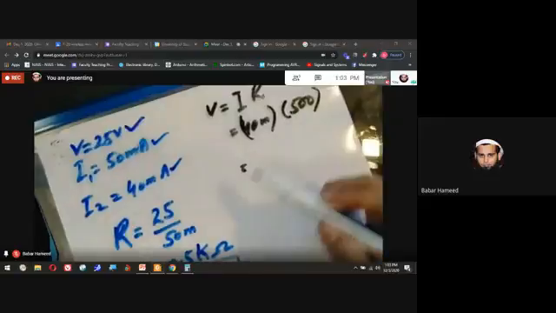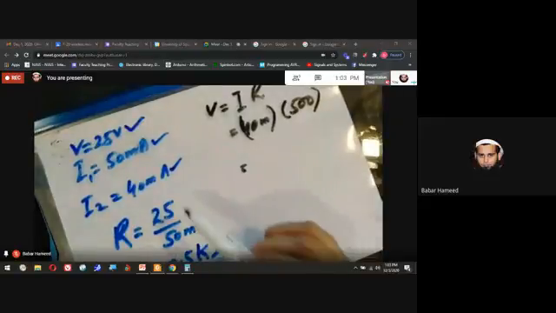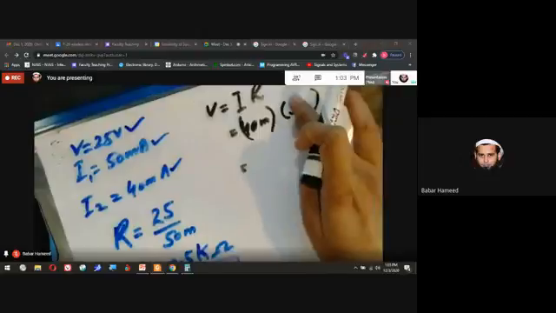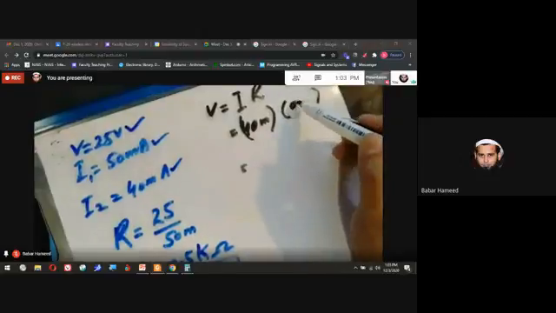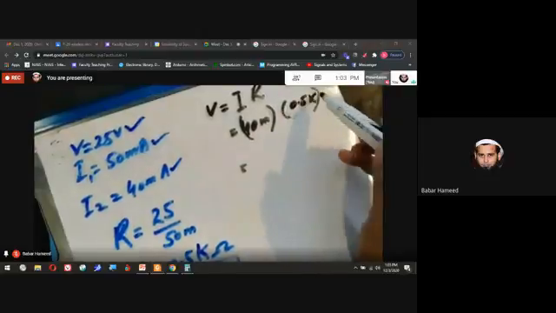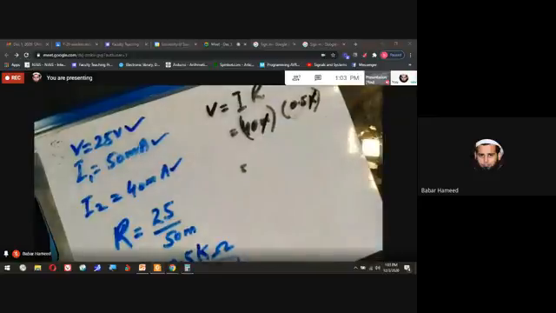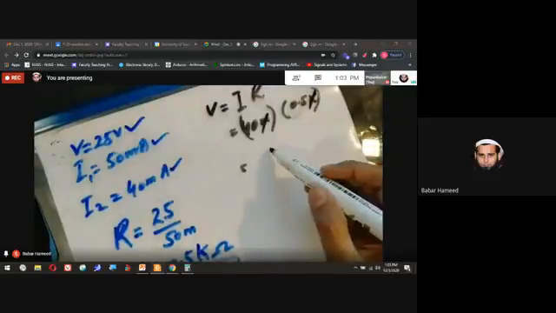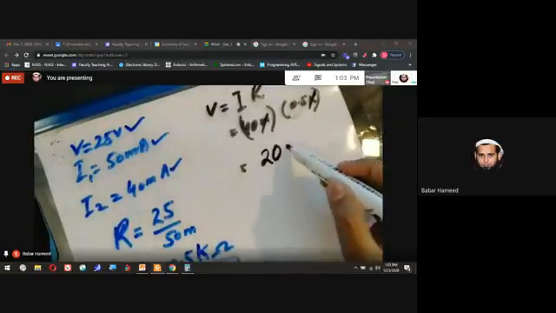We can make it easy as well: as current is in milli, we can use 0.5 here. For 0.5 K, the K and M cancel each other, and 40 times 0.5 is 20 volt.